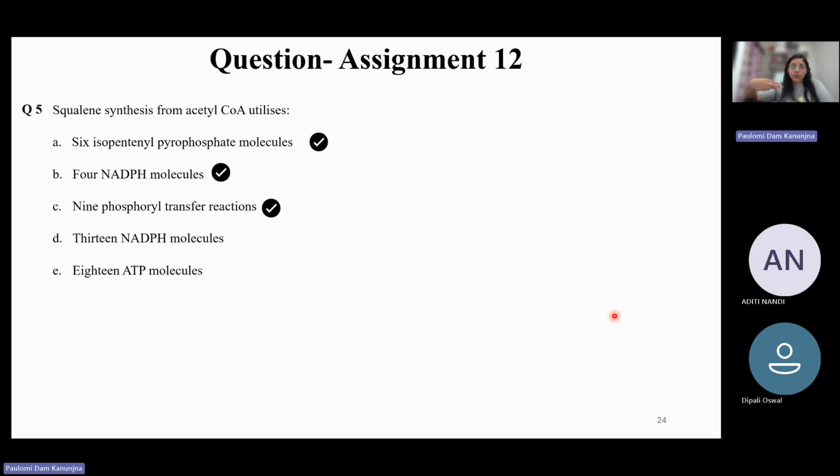And overall, 6 IPP is being generated, so you have 18 phosphoryl transfers overall. But IPP is basically getting isomerized, so 3 IPPs and 3 DMAPs are used. So there you have 9 ATPs, which you will be using. So the correct answer is ABC. And as I said, if 4 NADPH is correct, then the other option is incorrect. And you don't have 18 ATP, but you have 9 ATPs. As I have been repeating, look into the ATPs of each of these steps, right? Okay, next.